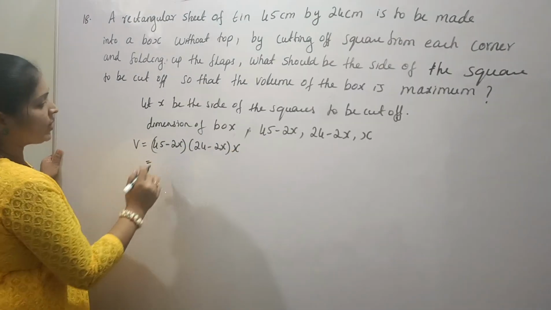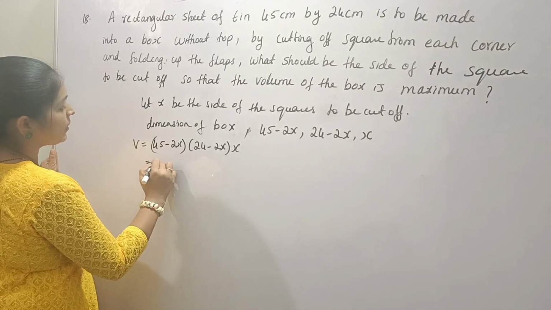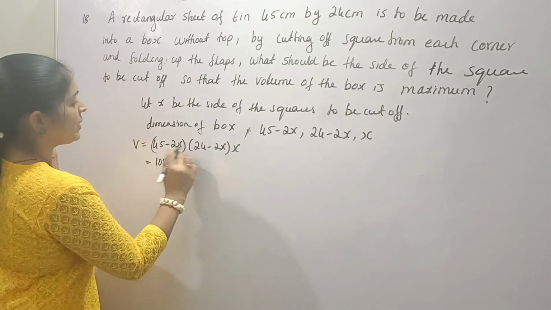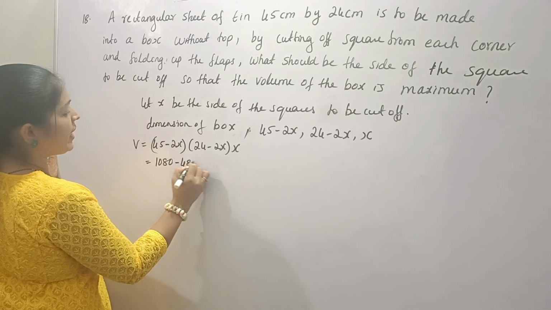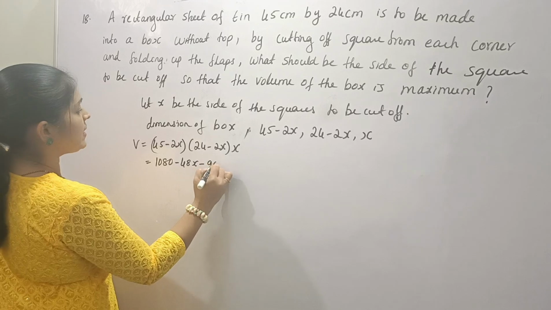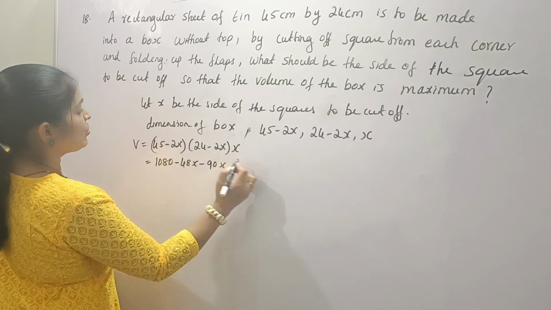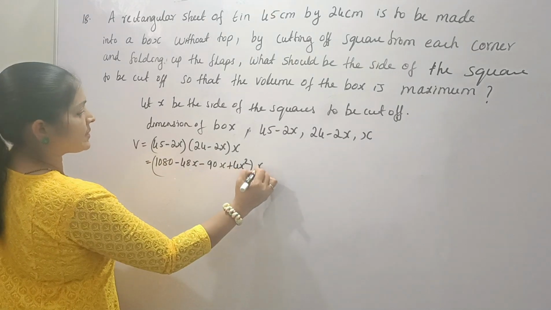So let's multiply this one. 45 into 24, 1080. Here minus 48x minus 90x plus 4x square, into x, right?